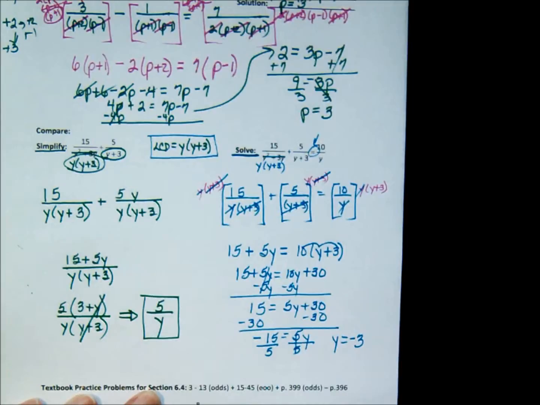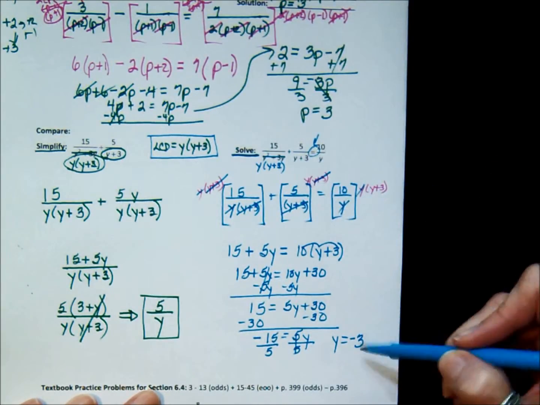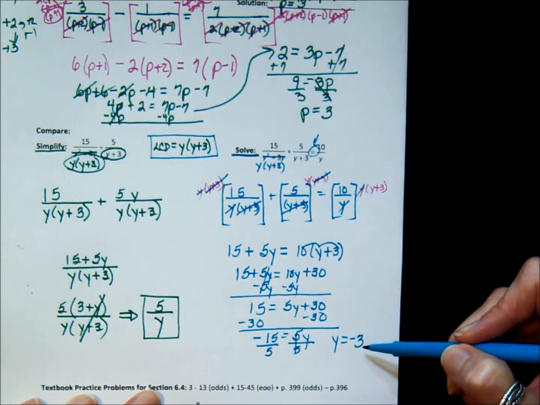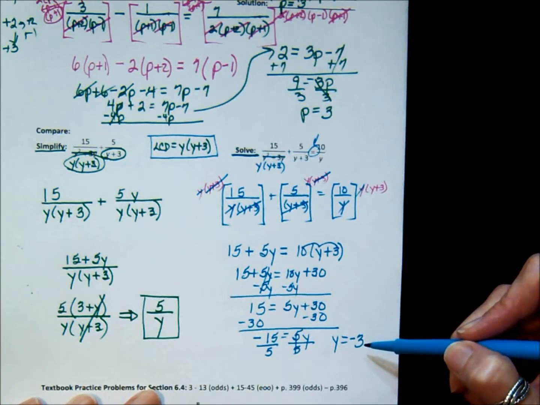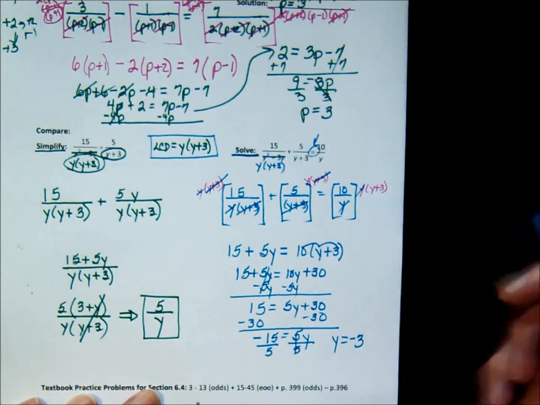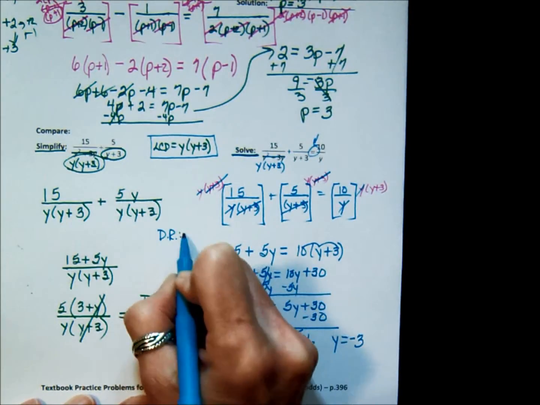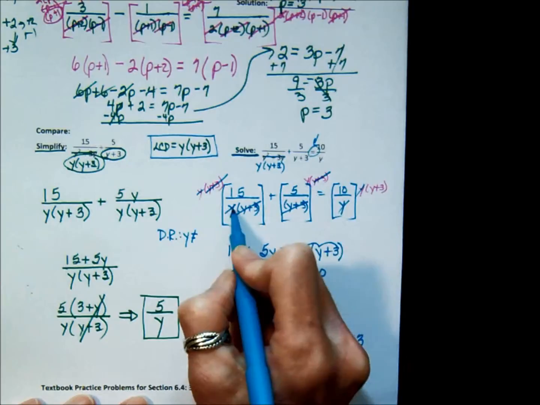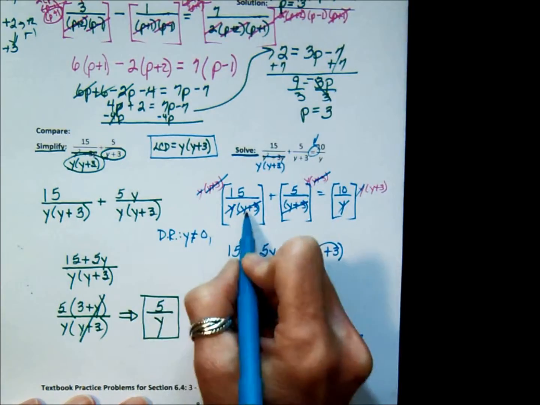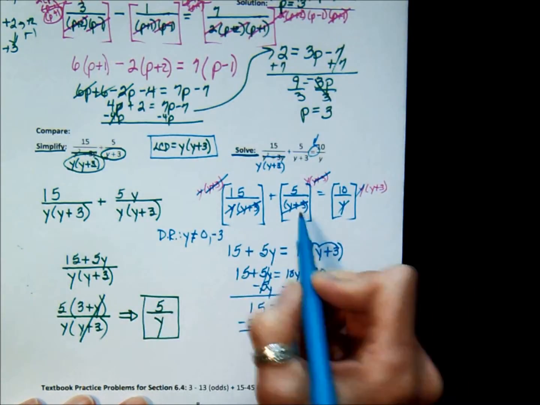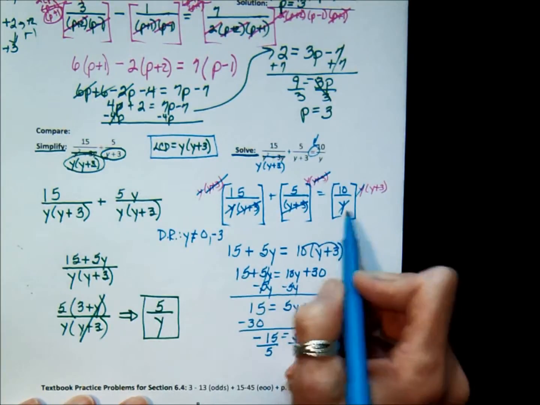But what did we learn? When it's an equation, I'm not done when I think I'm done. I have to go back and see what the domain restrictions were. So, domain restriction. Y cannot be, here, it can't be 0. Here, it can't be negative 3. Here, it can't be negative 3. Here, it can't be 0.